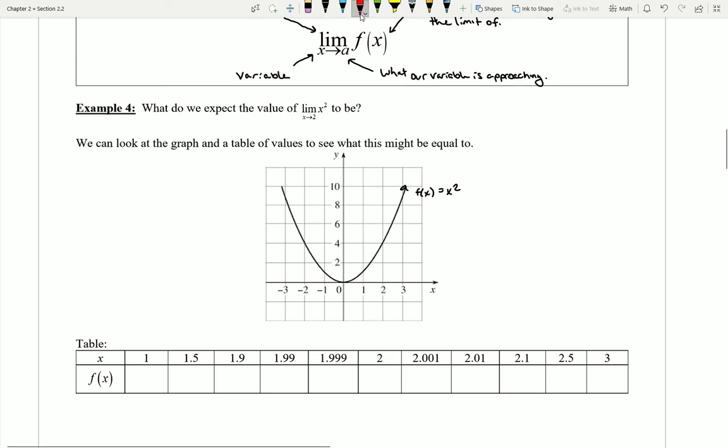So let's take a look here. I'm going to start by taking a look at the table that I have down below. I'm going to start by looking at what happens when I have the value 1 plugged in, and I'm going to go all the way over to think about what happens when I have the value of 3 plugged in. If I plug the value of 1 into my function to figure out where I'm at, it's very easy to see that I'm at the value of 1.